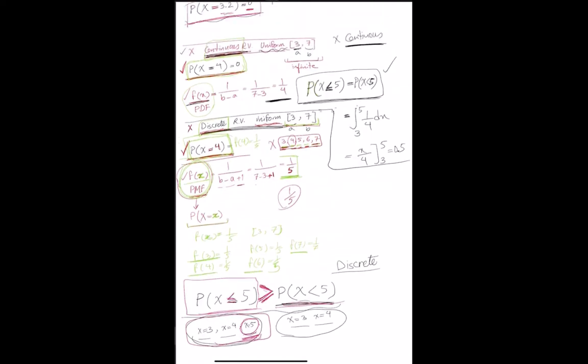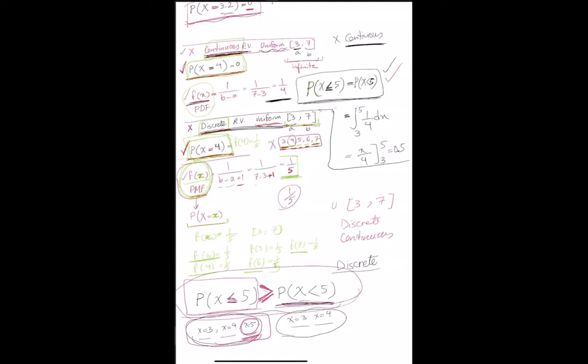These concepts we are talking about right now are not hard concepts, right? This is a simple uniform random variable between 3 and 7. You have all the formulas and everything to calculate, but I want you guys to understand the concepts: the huge difference if x is a discrete random variable compared to when x is a continuous random variable, and how some of the relations are different between these two.